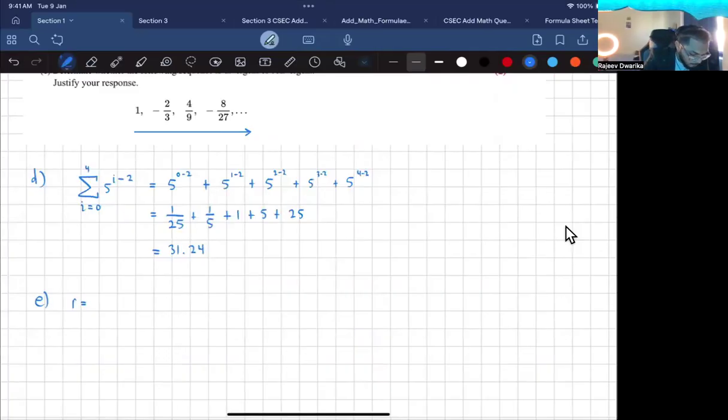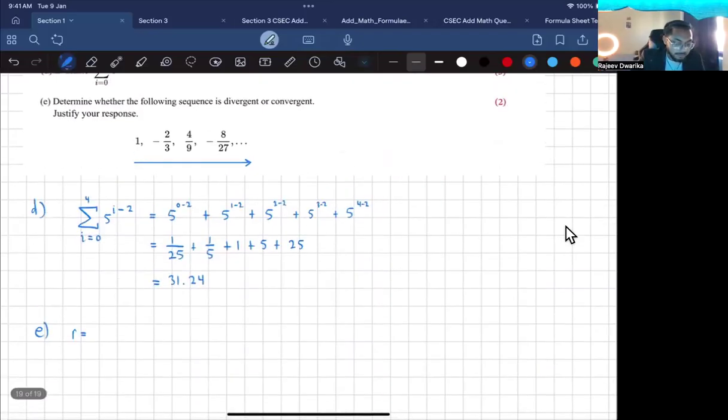No, I want somebody to explain. What do you do anytime you have a GP? What do you do to find the common ratio? Tn minus 1 all over Tn. Right. That's it. Or you could say Tn plus 1 over Tn.